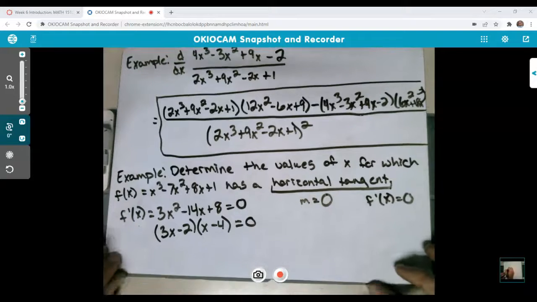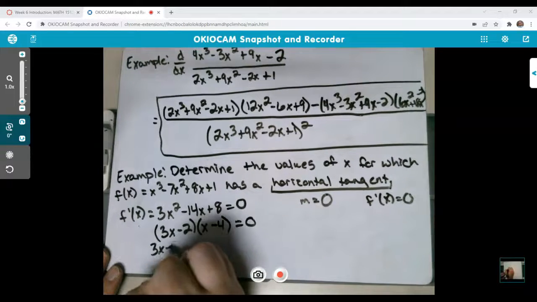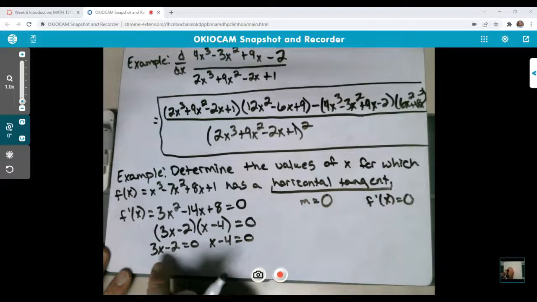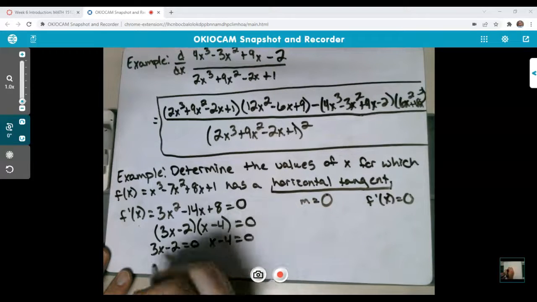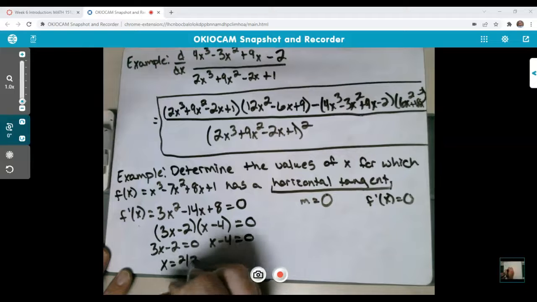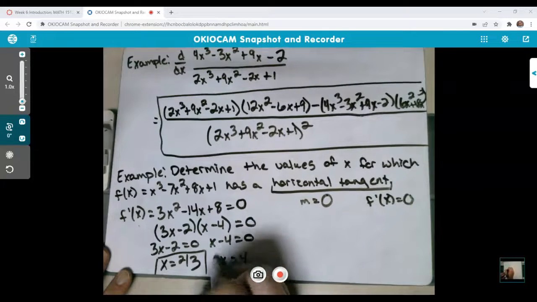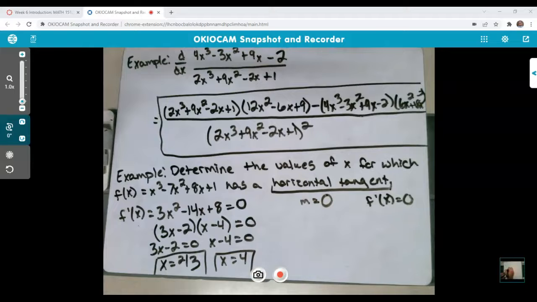Now that we've factored it out, set both factors equal to 0 and solve them for x. So I would add 2, divide by 3, so x is equal to 2/3. Add 4 for this one, you get x equal to 4. So there are horizontal tangent lines at x equals 2/3 and x equals 4.